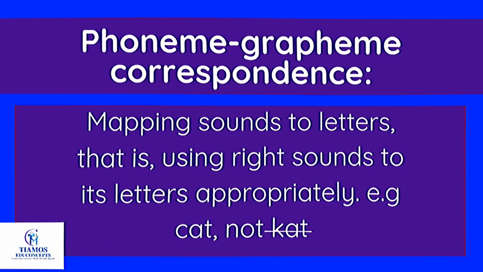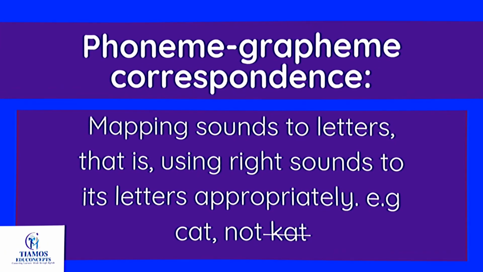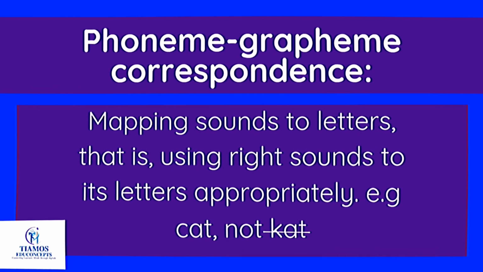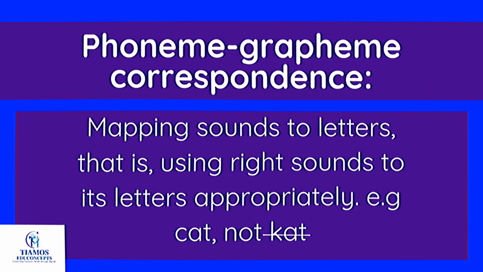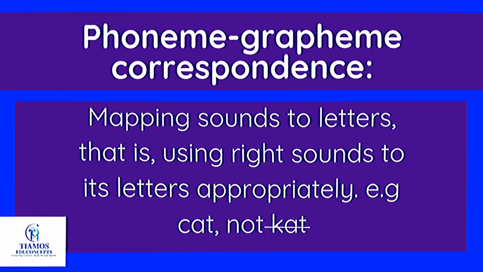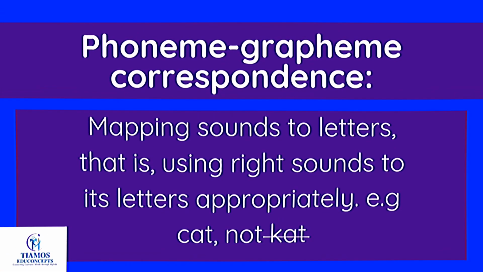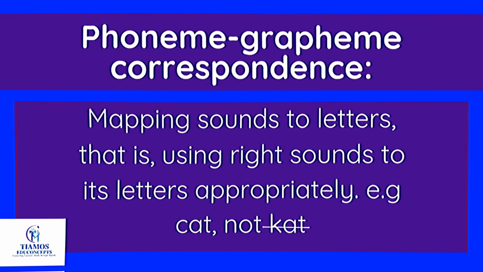The mapping of sounds to letters is the correspondence between the two of them. When you use the right sound to represent letters, or you use the right letters to represent sound, that is phoneme-grapheme correspondence. Using the right sounds with their letters appropriately.